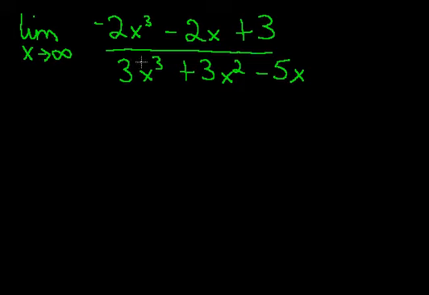So we look for the biggest exponent in the denominator, which is x cubed in this case. And we divide every single term by x cubed, not 3x cubed, just x cubed.